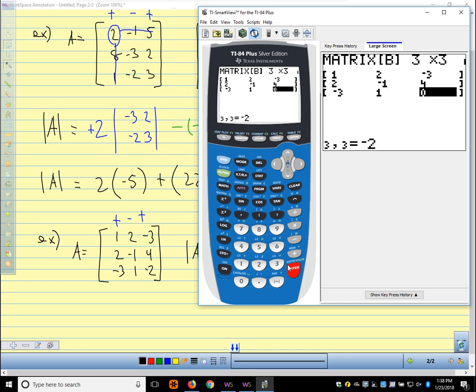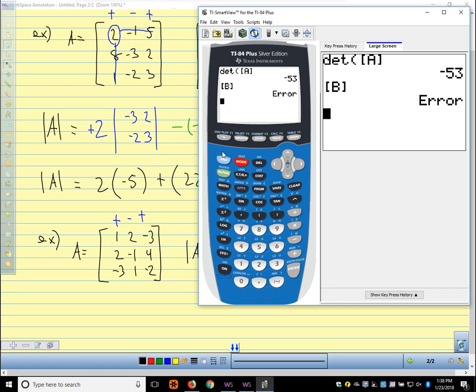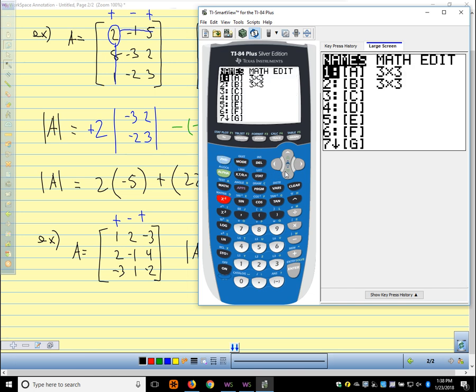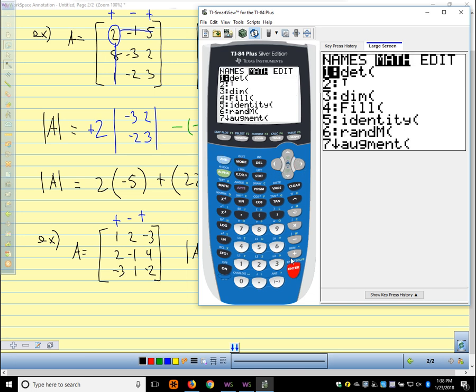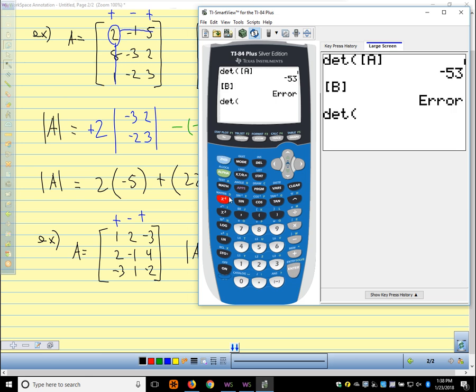So there's my matrix. Quit out of there. Find the determinant. Go over to Math. Determinant of matrix B. And I get -15.